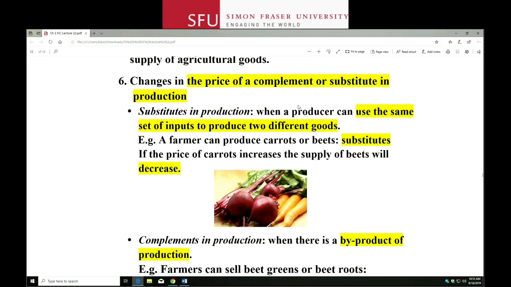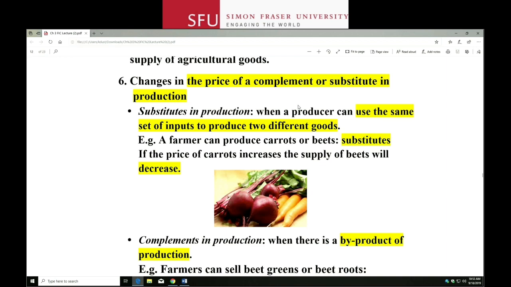Cow poop normally would just be a waste product, but somebody figured out that you could make pottery with cow poop. I don't know if there's a big demand for it, but they figured out how to do it. That would be an example of a complement, because they've got the cows, they're making milk, but then they also have the poop, which they're using to make pottery.